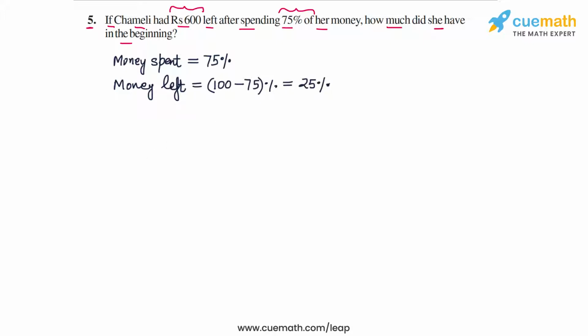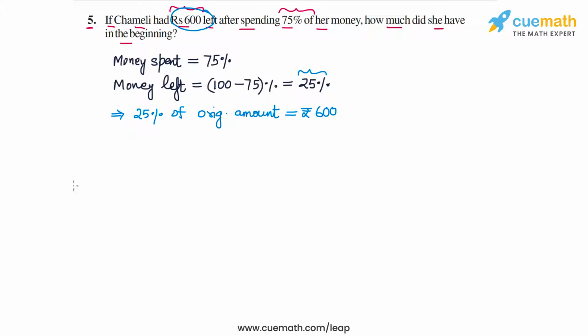So Chameli has 25% of the original money left, and this is equal to rupees 600 because we are told that she has rupees 600 left. So this means that 25% of the original amount is equal to rupees 600. And from here we have to find the original amount.